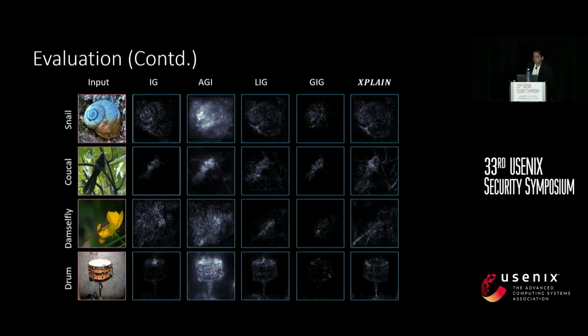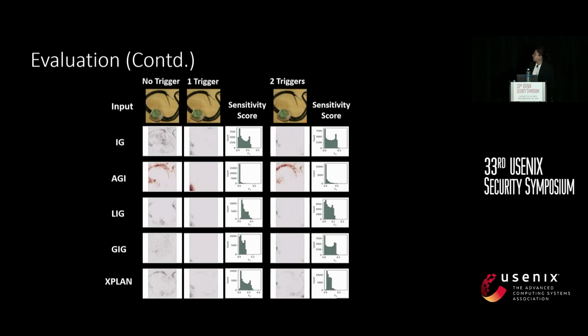So this is just a simple evaluation of our approach against the other path gradient methods, and as one can see, our approach is better able to point out the most important features that contribute to the model prediction. In this analysis, this is basically the trigger analysis.